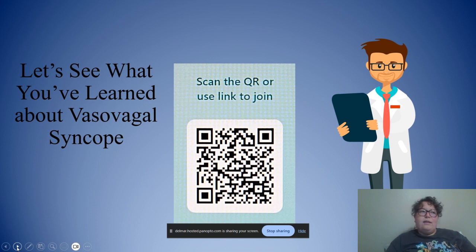That was the first one I went over. So what is syncope? The fourth slide after that was showing how the dental office handled syncope. The fifth slide went into, it was a role play slide.